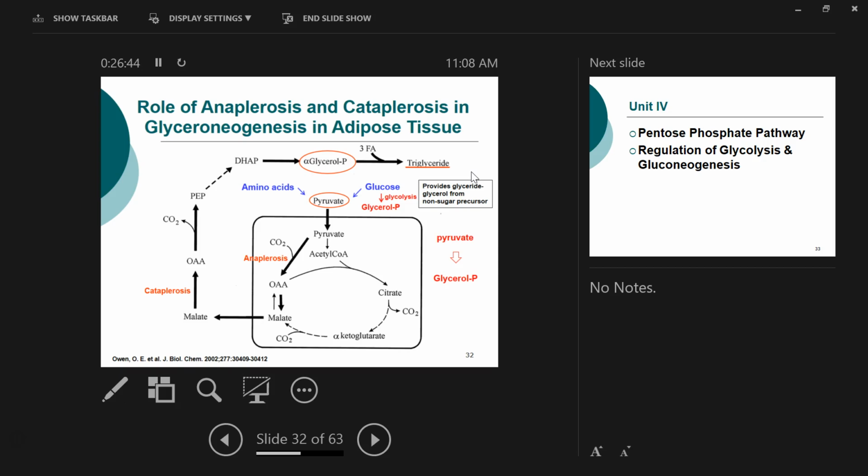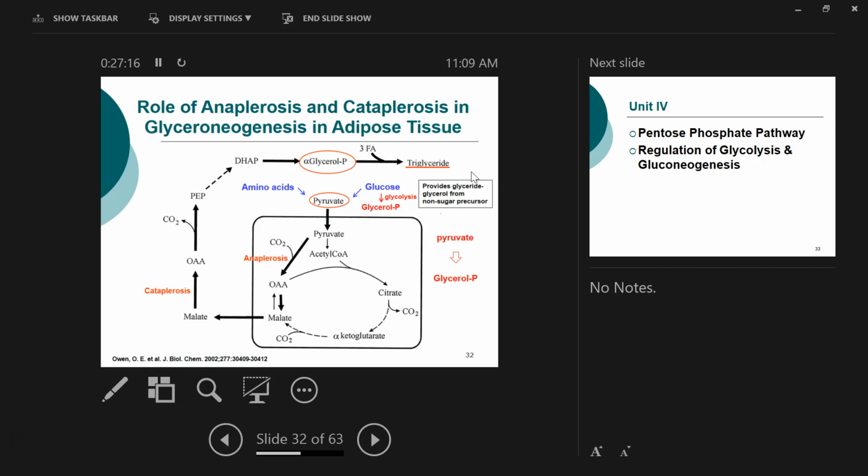I think we talked about before that the glycerol backbone is mainly synthesized from glycolysis, from glucose in the fed condition. And in addition to this pathway, amino acid metabolism can also contribute to the synthesis of the glycerol backbone.